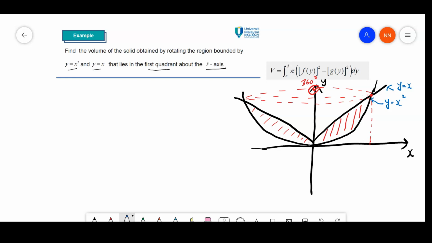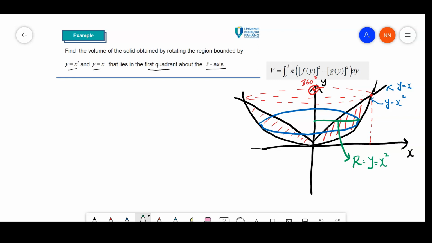If I make a circle, if this is the center, I will have this, my capital R. This capital R is the radius touching this function, given by y equals x squared.